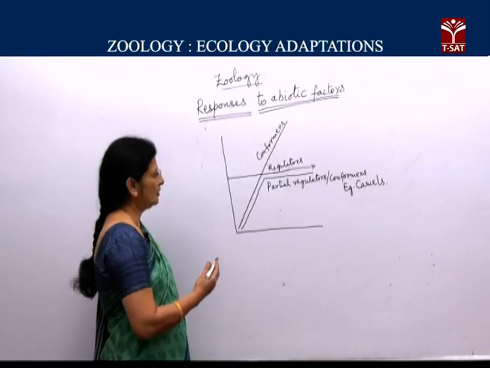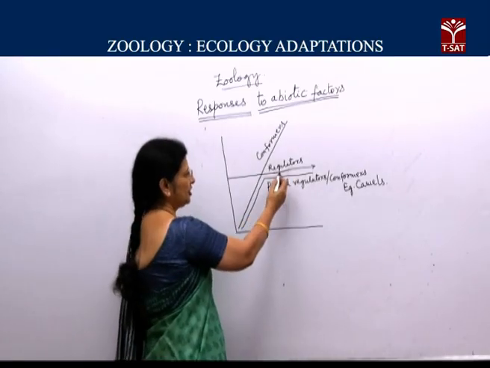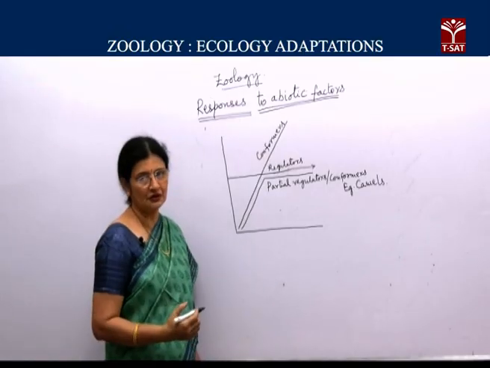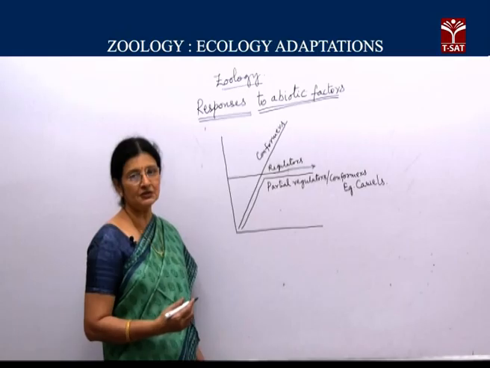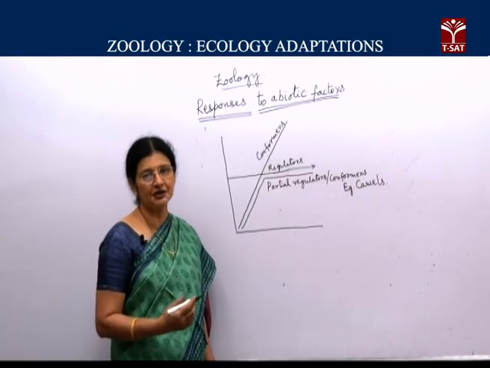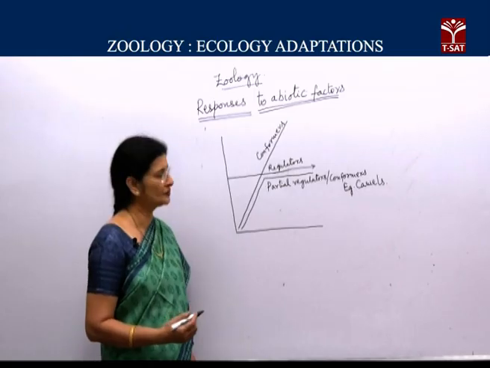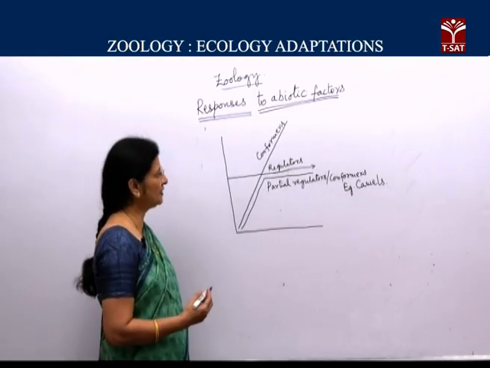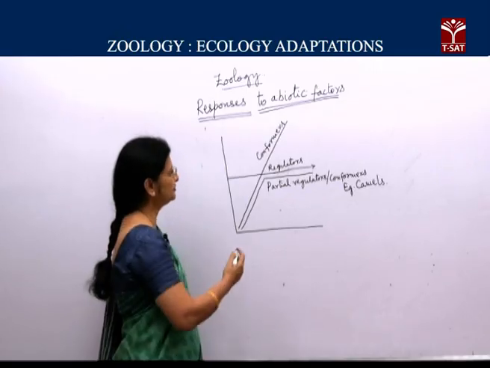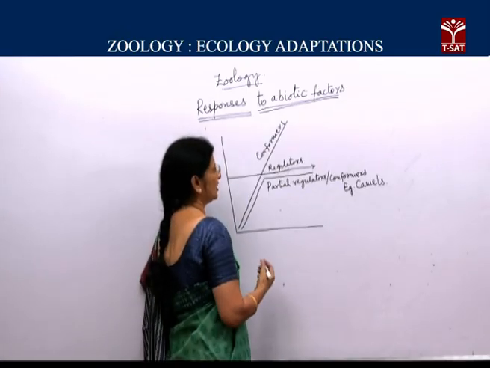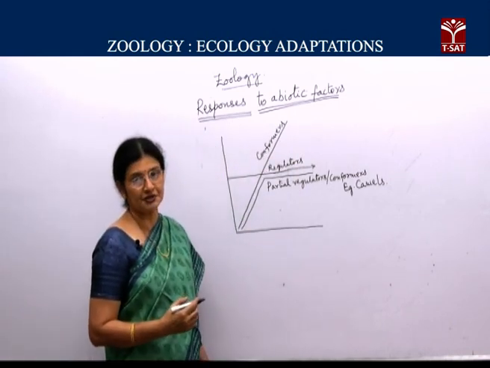Here, one question arises: when regulators are highly successful, why not conformers? Why did the conformers not undergo evolution and change into regulators? For this, we have to think about it, and the explanation is that all the conformers cannot regulate.